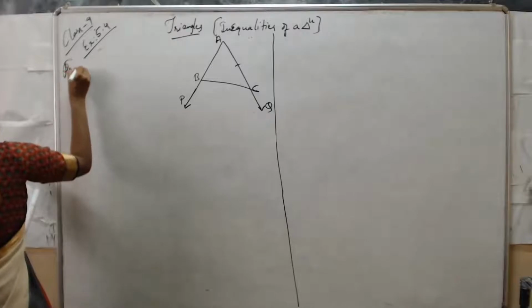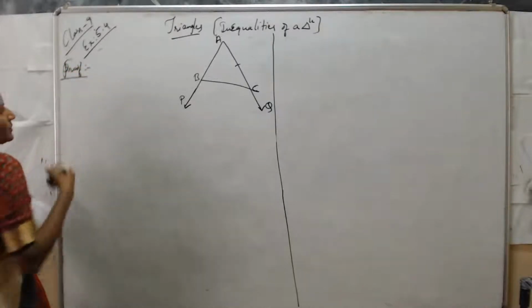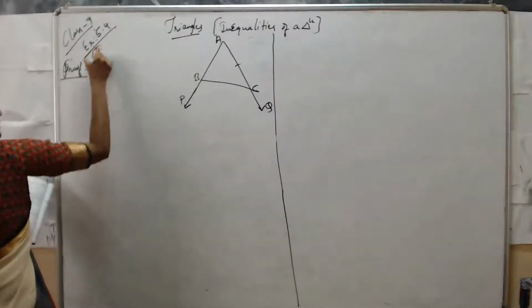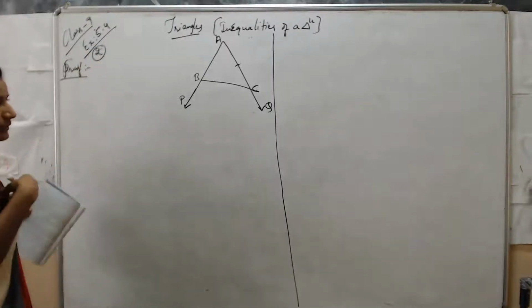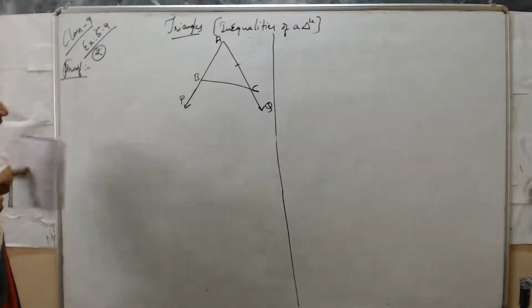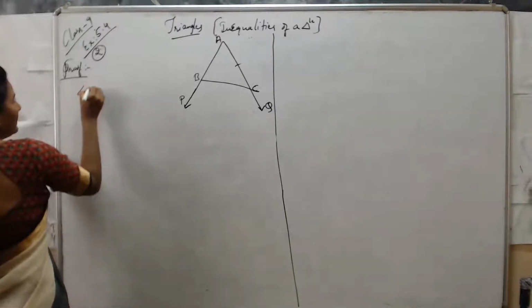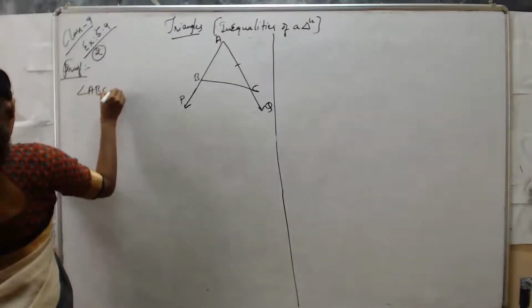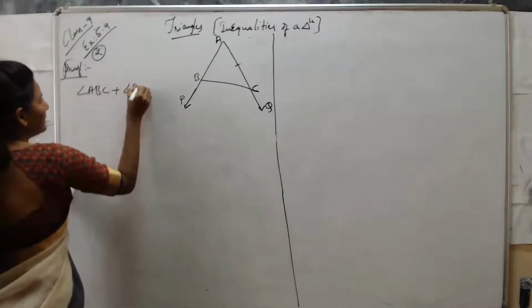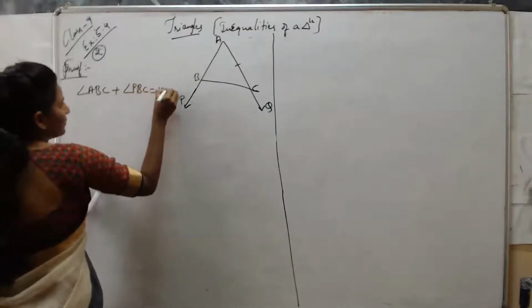Proof. See, for problems you are going to write solution. For proofs we have to write as proof. Angle ABC plus angle PBC is equal to 180 degree.